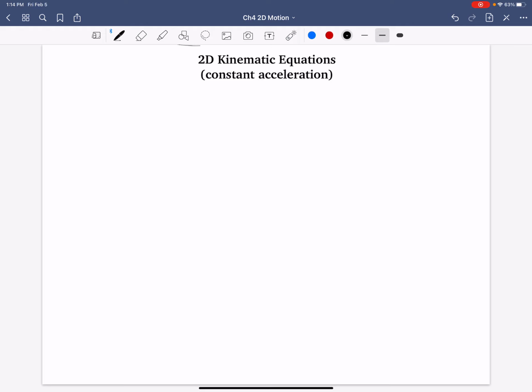Let's say, first off, number 1. The first equation was the final speed equals the initial speed plus acceleration times time. This is just a simple rearrangement of the definition of acceleration.